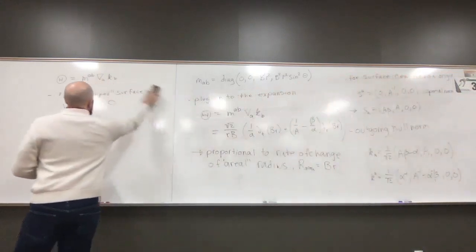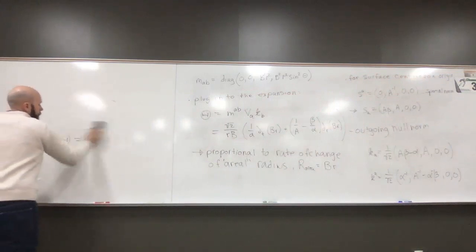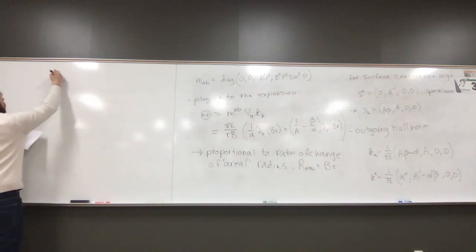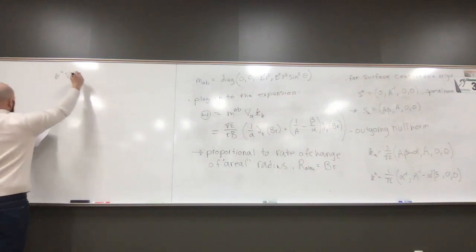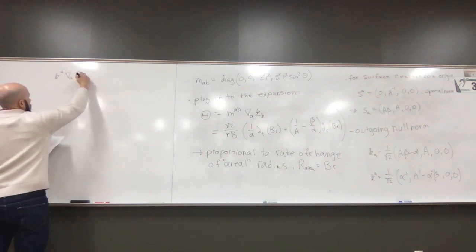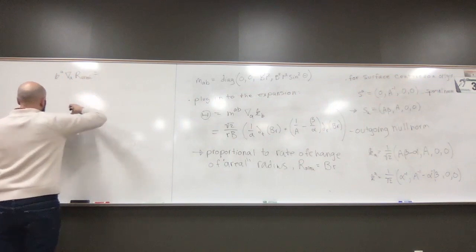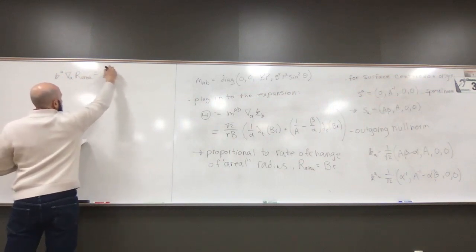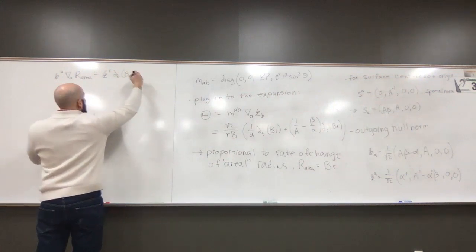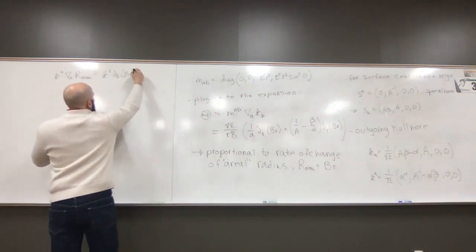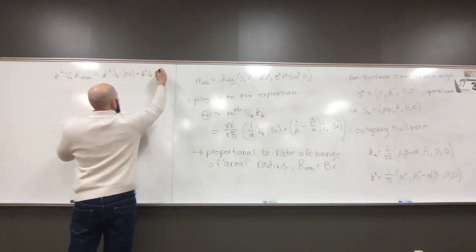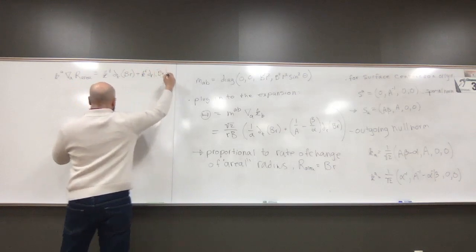Now, combining all that together, therefore, I can derive the following. K upstairs A, grad with respect to A of the areal radius is equal to K upstairs time, partial in time, of the areal radius, BR, plus K upstairs R, partial R, BR. Like that.